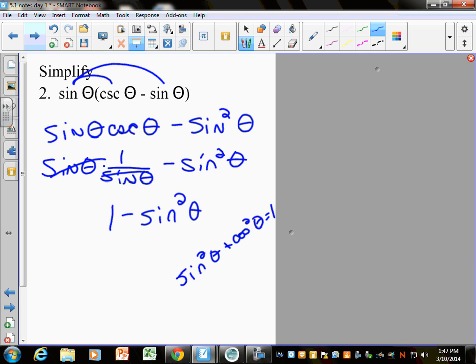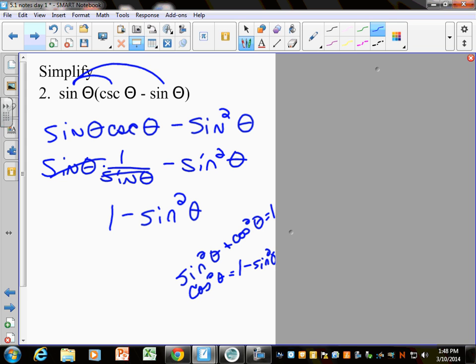But we have an identity that says sine squared theta plus cosine squared theta equals 1. Can we do some sort of algebra here so that we could make it equal 1 minus sine squared? Sometimes people just see it, sometimes people don't, so I try to explain it the best I can. Looking at this, could I subtract sine squared over to this side and I would get that cosine squared theta equals 1 minus sine squared theta?